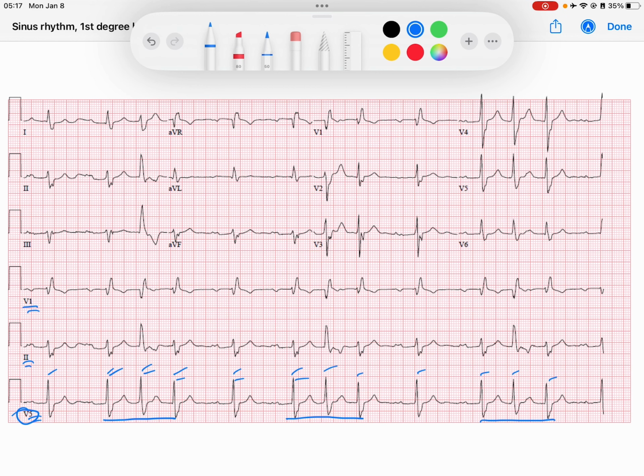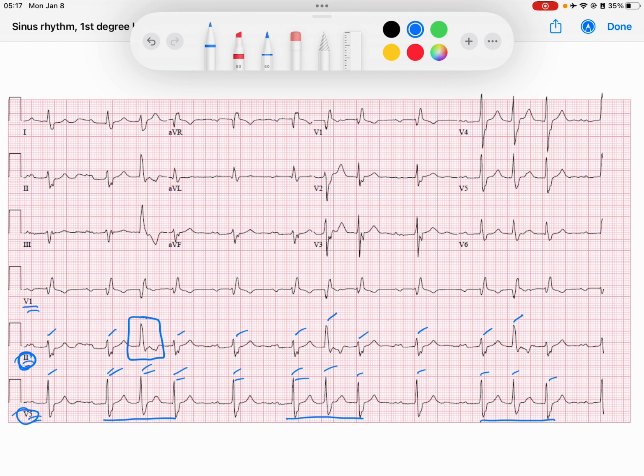What I urge you to do, when you see rhythms that look bizarre, is look through some other leads. In lead 2, I see beat, beat, and then that quick beat, and it looks a lot different in this lead. Then beat, beat, beat again, funky rhythm, 1, 2, 3, funky.